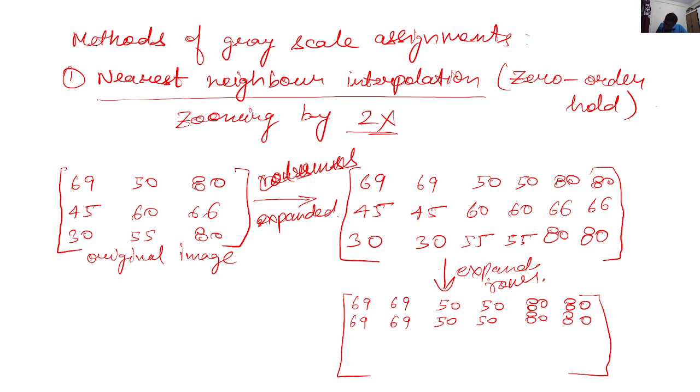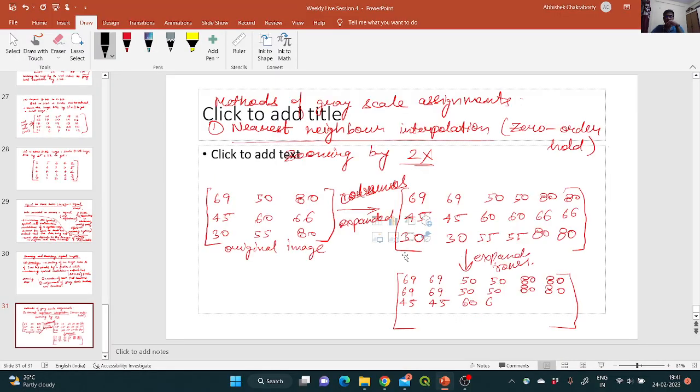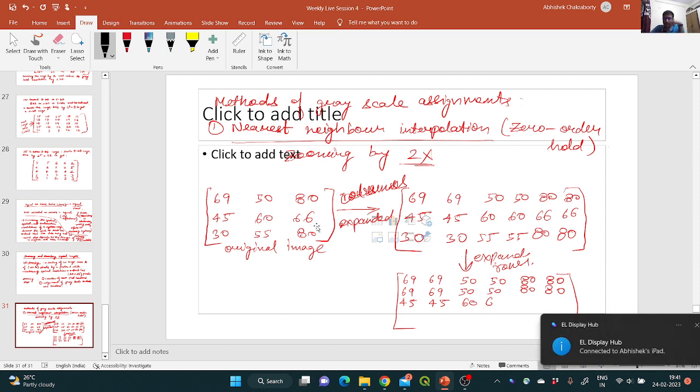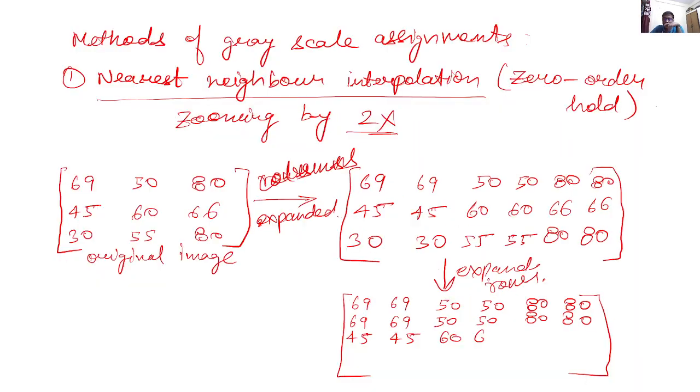We again duplicate it: 45, 45, 60, 60, 66, 66.